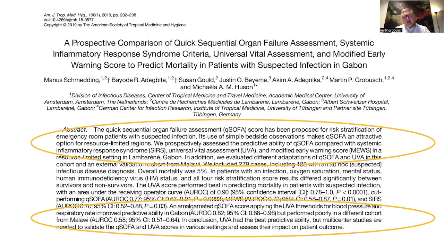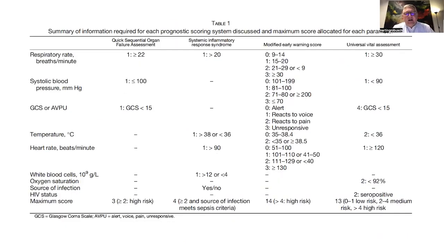And we pushed that a little bit further in an original contribution here, where in our middle income setting in the middle of the Central African rainforest area at the old Albert Schweitzer Hospital, we pitched different scores against each other and figured out that when looking retrospectively at the different scores, as one example for what I said already, an amalgamation of certain scores, and in our case, the qSOFA and the UVA score, might be best doing justice to individual care situation.